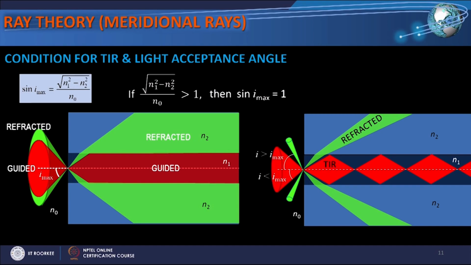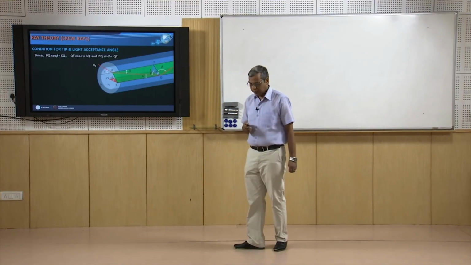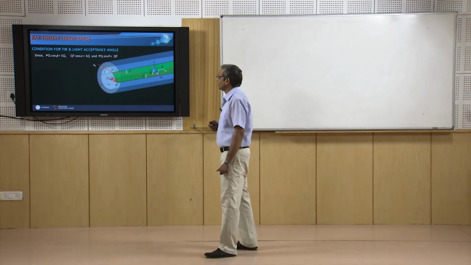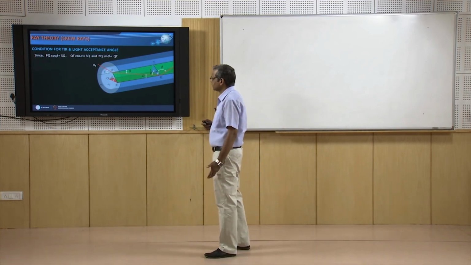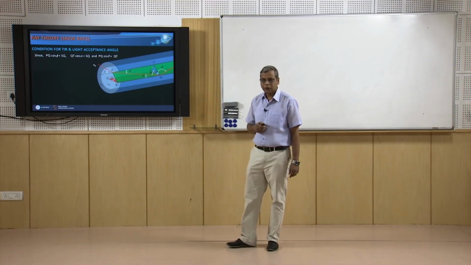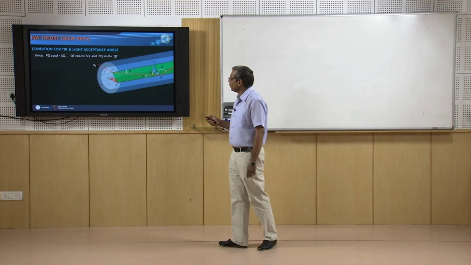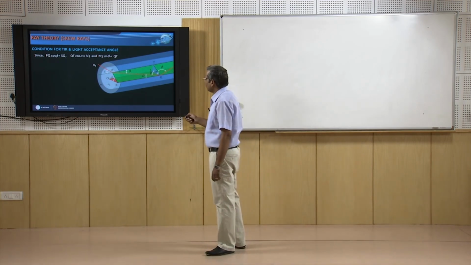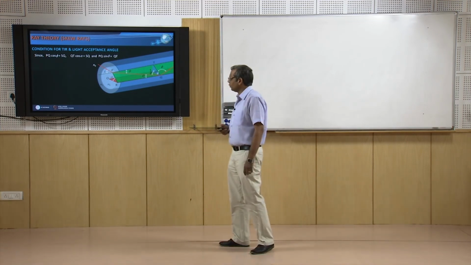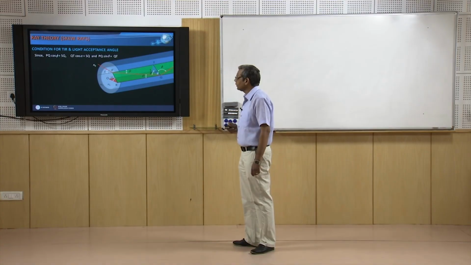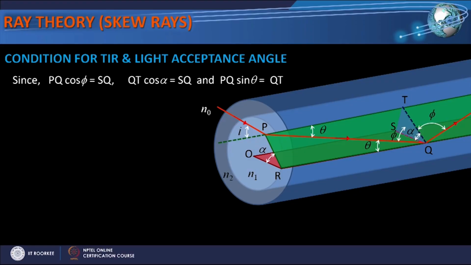The second kind of rays which we talked about is skew rays. What is the condition for total internal reflection and light acceptance angle for skew rays? For that, let me launch a ray of light somewhere here onto the fiber end, and it makes an angle I with the fiber axis in the outside medium n0.